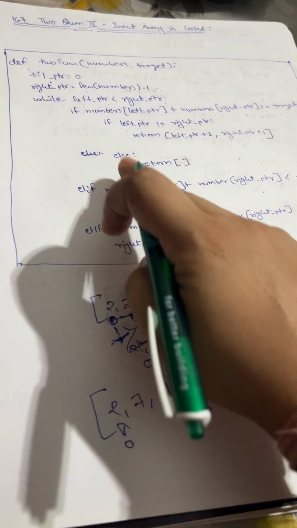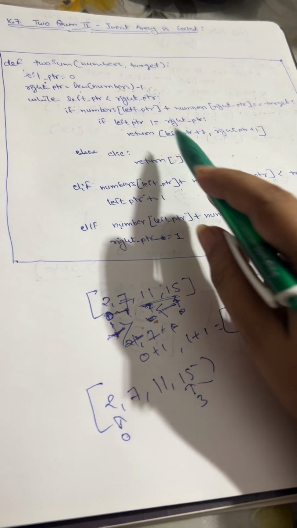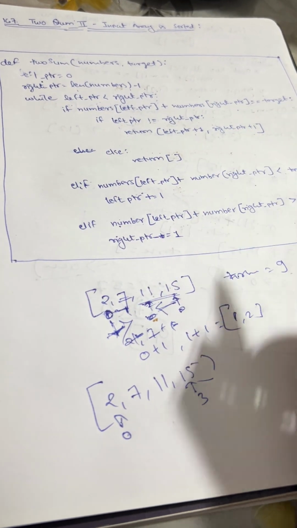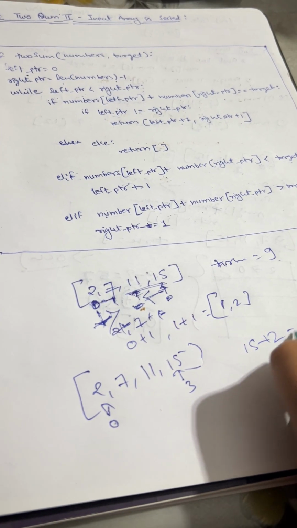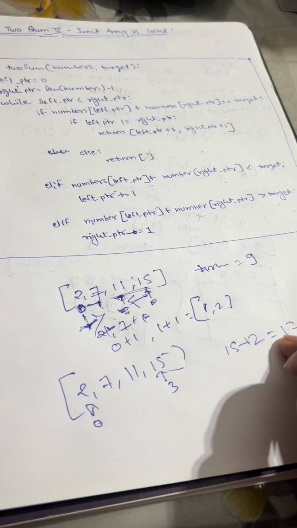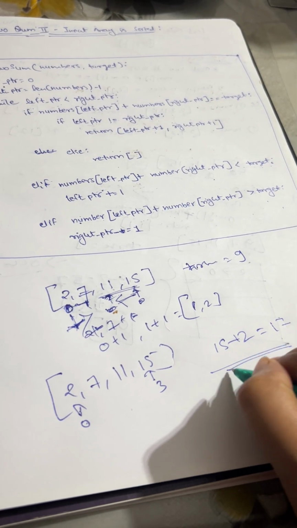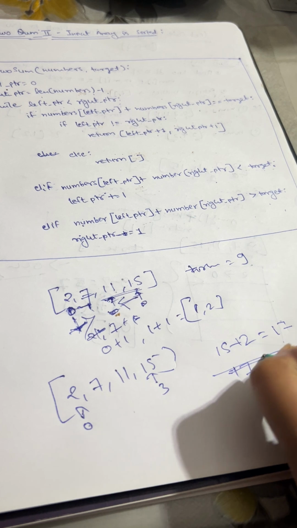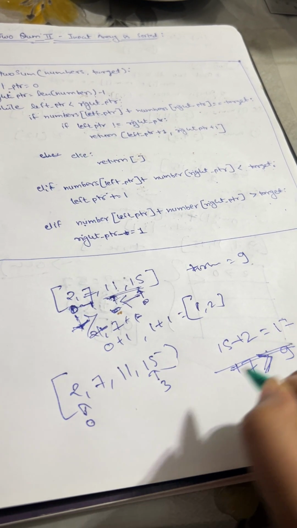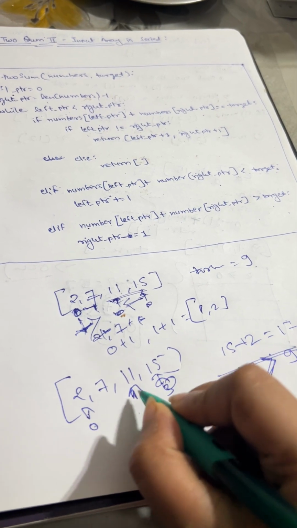If number of left plus number of right double equals target, 15 plus 2 is 17. Are both equal? No, it is not equal. Target is 9, so this one is greater, right? So we need to decrement our right pointer, so here it will come.